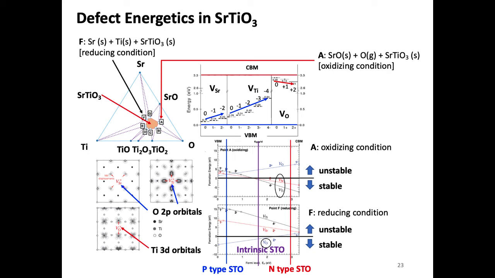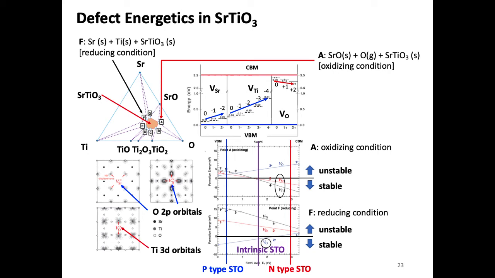And from here what you can also see is that the vacancies will change their energy inside the band diagram as they get ionized. So for example, if oxygen gets ionized from 0 to +2, the energy level will decrease, right? On the other hand, for strontium and titanium vacancies, if they get ionized from 0 to say -2 or -4, the level will increase.